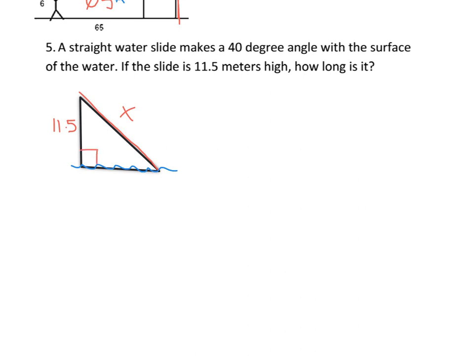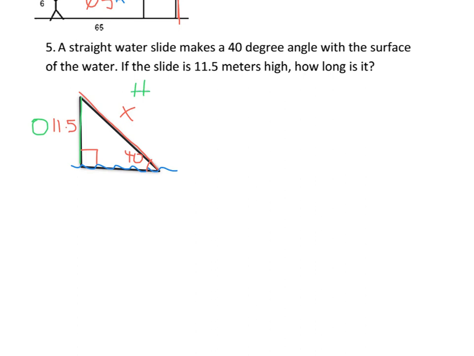See, we're missing our angle. It says the water slide makes a 40-degree angle with the surface of the water. So that's right here. The slide to the water is 40 degrees. Straight across from that is the opposite side, and we have a number there, so you're going to want to use that side. Then we look for the right angle, go across from that.